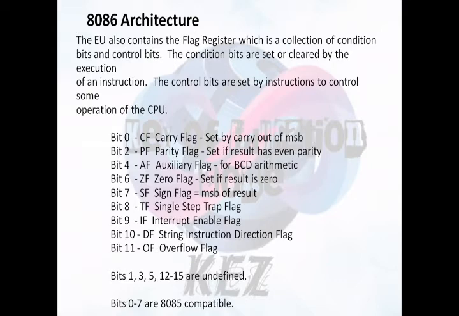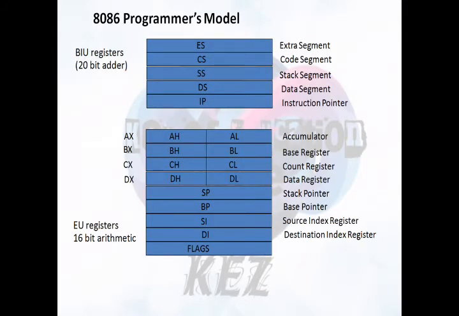The extra segment, stack segment or code segment, when coming from the BIU and then reaching the EU part, how they will execute. In this pictorial view, the programmer's model, you can see the upper part is the BIU part, where we have ES, CS. The full forms are known to you; if you forget, just check beside on the right side.